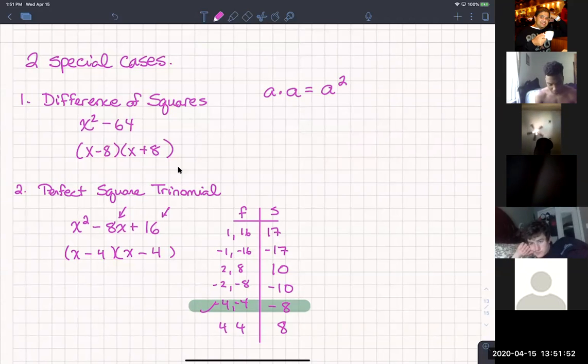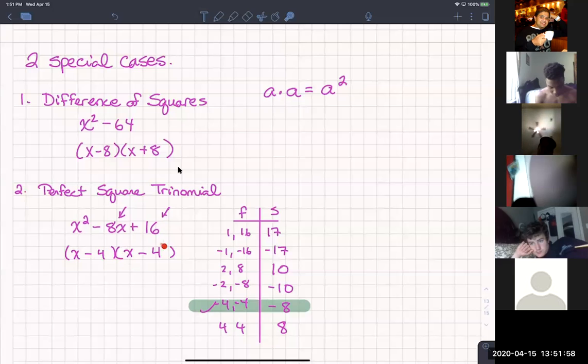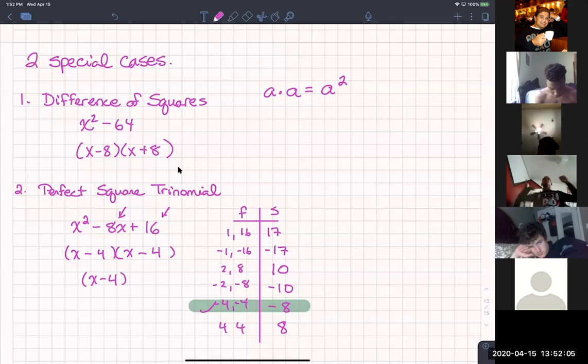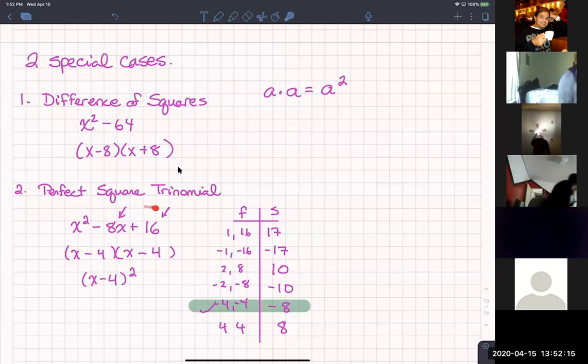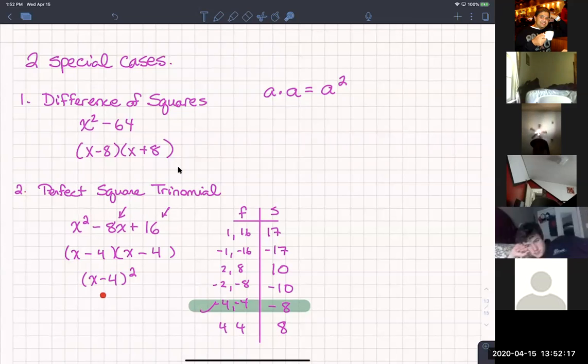A times a is basically a squared. Notice we have x minus 4 times x minus 4, multiplied by itself, so you can rewrite this as x minus 4 squared. That's why this is known as a perfect square trinomial, because when you factor this, you get a binomial, in this case x minus 4 squared.